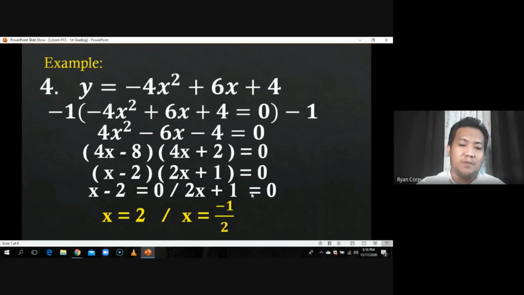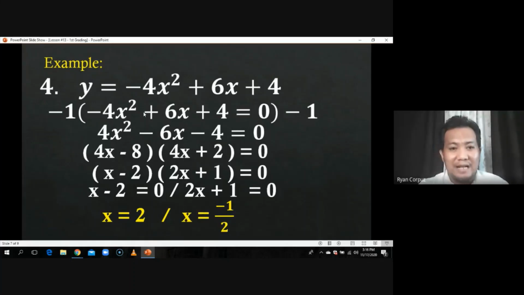So we find out two values for x. That means if we are going to graph this equation of the quadratic function, the parabola will intersect the x-axis twice. That is at points positive 2 and negative 1 half.